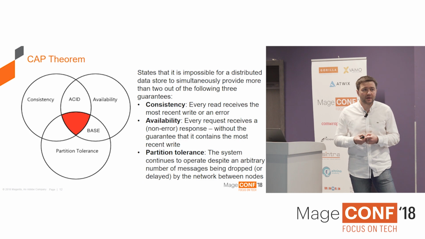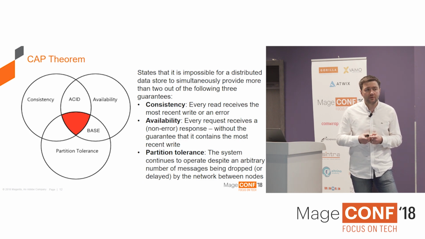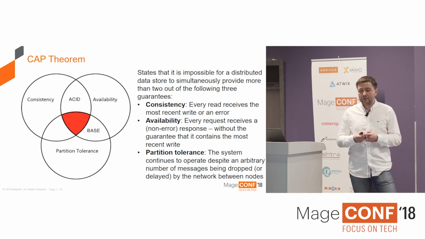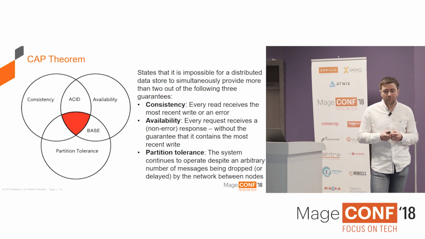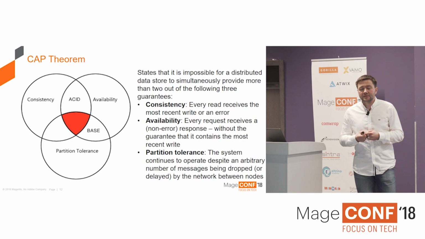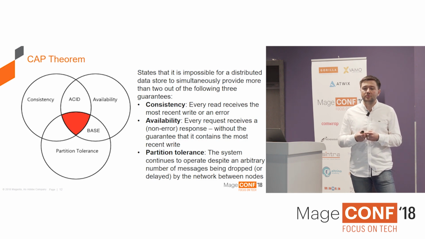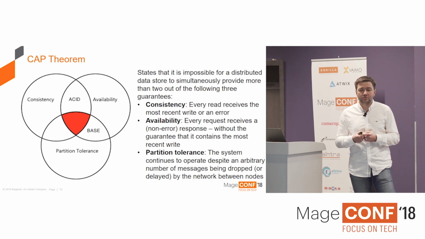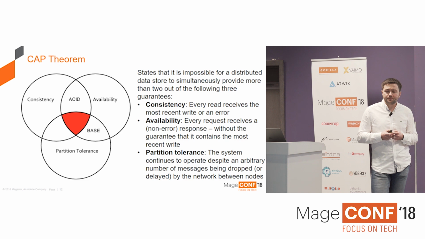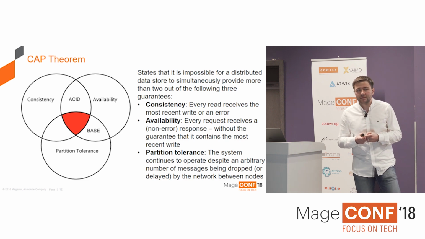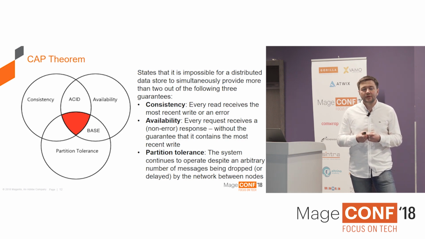But all of you who have worked on a high-load project with Magento 1 know that it's pretty hard to scale the database. You can introduce several slaves and have one master, and you can more or less scale the read operations. But it's really hard to scale the write operations.